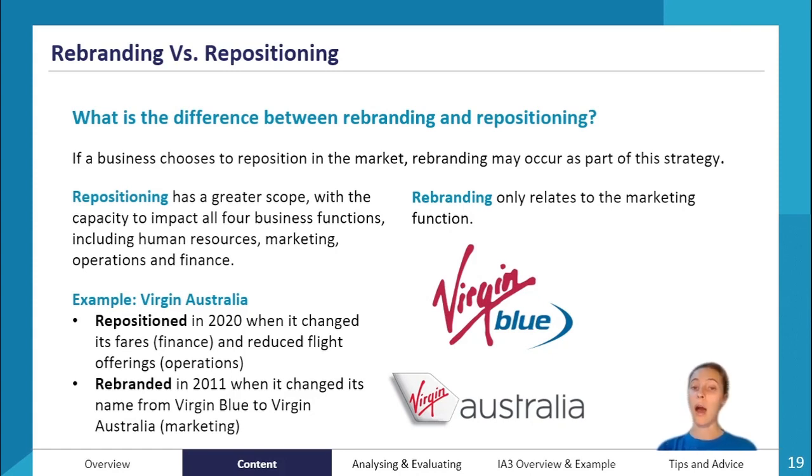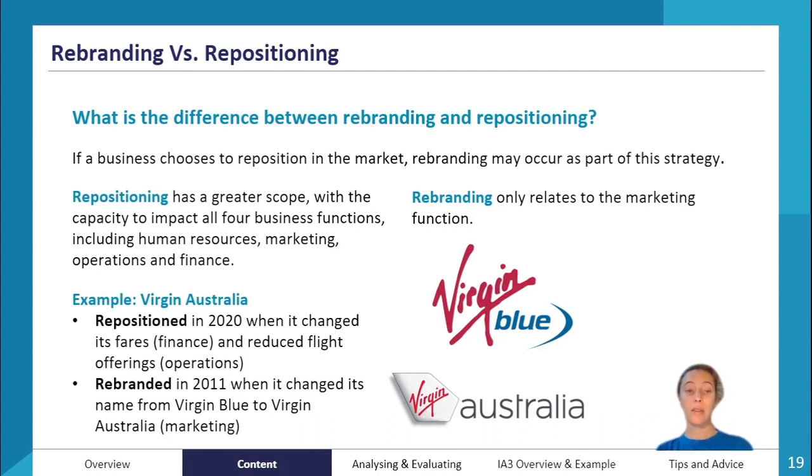Like we just saw, marketing is one of our 4 key business functions, but there are 3 other ones as well. Those other 3 fall under the banner of repositioning, but not under the banner of rebranding. So repositioning has that greater scope and it can impact all 4 business functions. It doesn't have to, but it can. So human resources, marketing, operations, and finance.